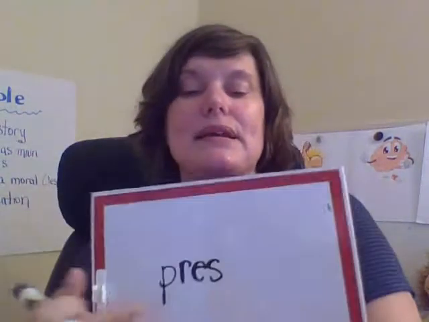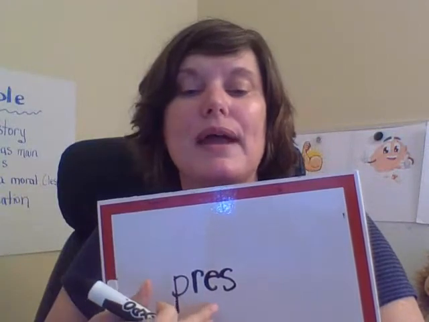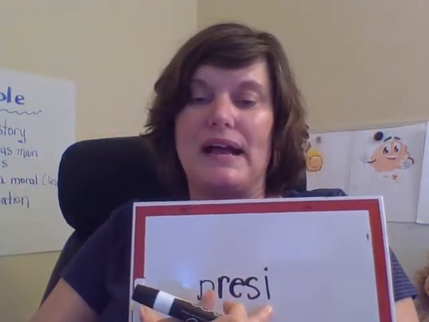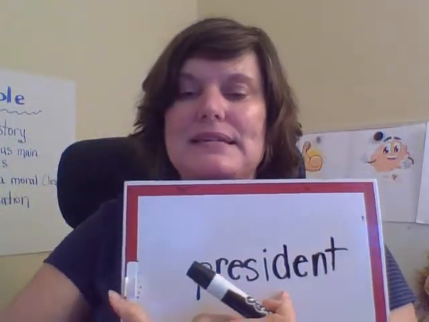All right, let's look here. Prez, prez. Second syllable, it's an open syllable, so it should say I, prez, I. And then let's look at the last syllable, and it says dent.